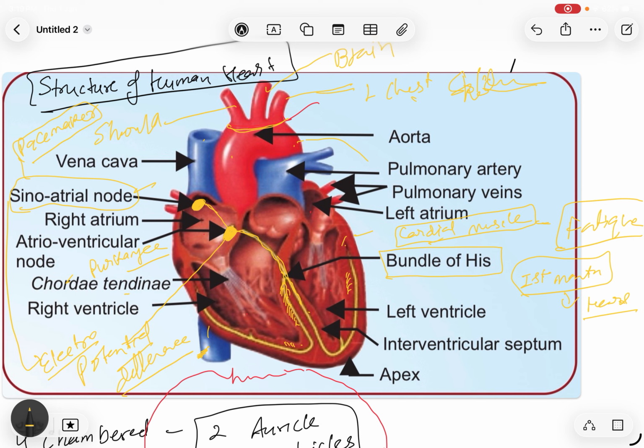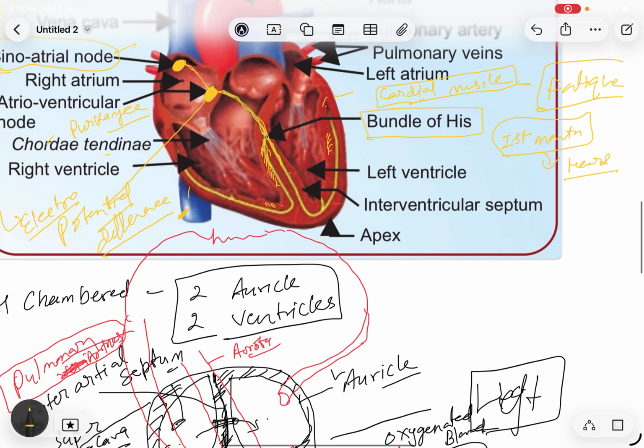Okay, and the heart, due to this pacemaker or its own activities controlled by itself, is also known as myogenic. The heart is also known as myogenic, and it looks like a clenched fist, एक बंद मुट्ठी के जैसा दिखाई देता है.